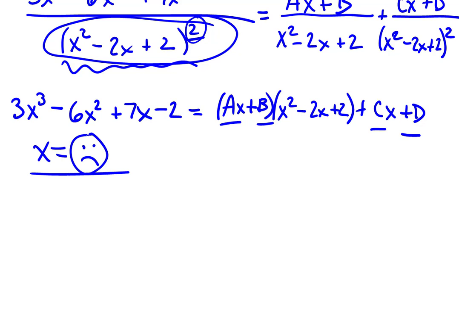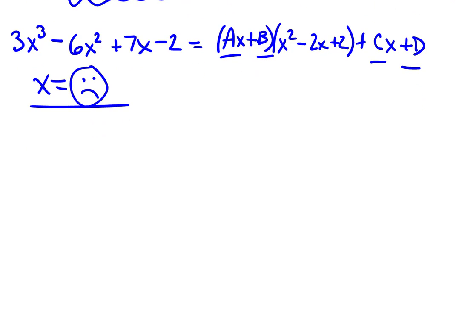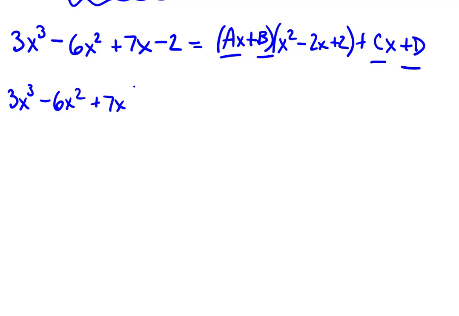So the other method listed in our notes is going to be to try to set up a system of equations to handle this. Now, it's a little bit of work to get there, so let's go ahead and clear some space. The first step in setting up the system is to completely expand the right side of our equation. So I'm going to rewrite this equation again, just copying down the left side as 3x cubed minus 6x squared plus 7x minus 2.